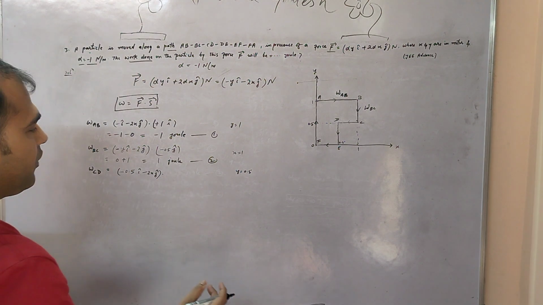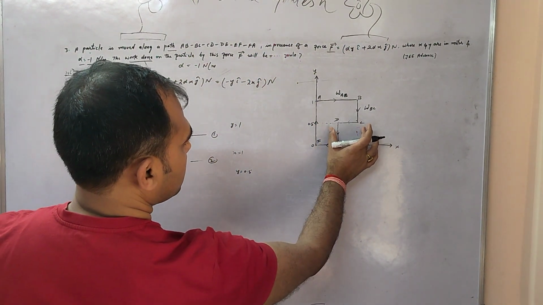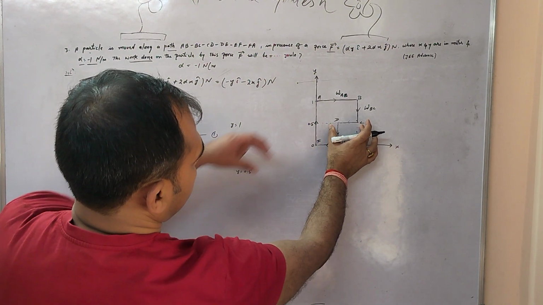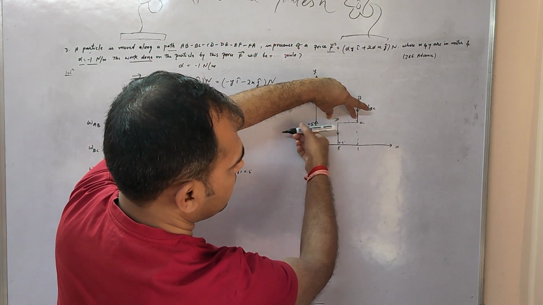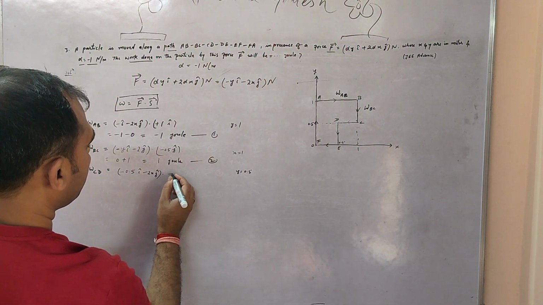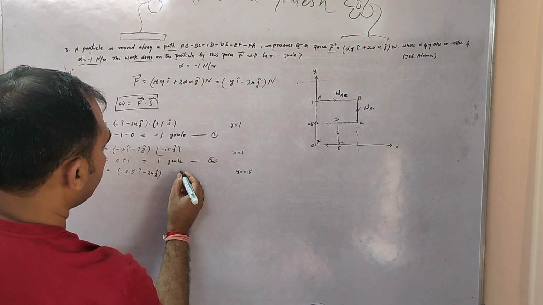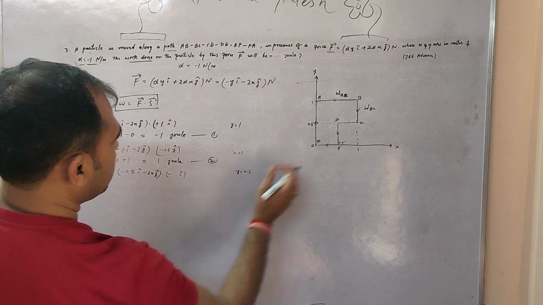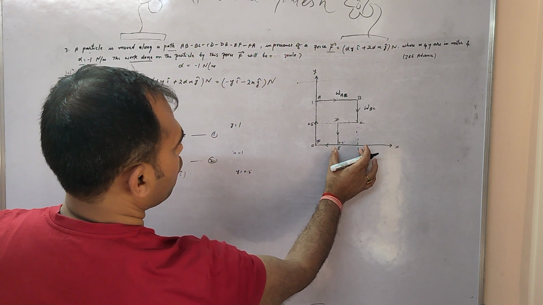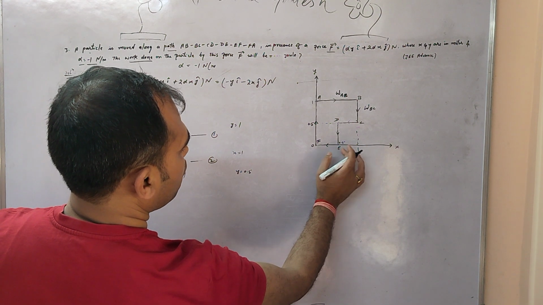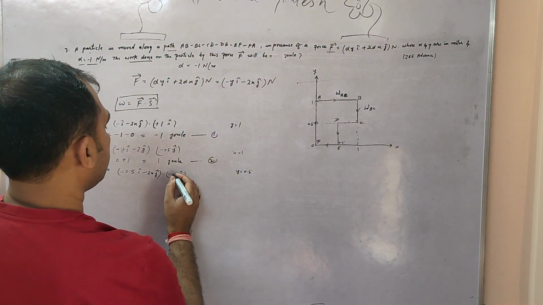Dot, what will be the displacement vector? CD. See, this is the minus i direction, so negative, minus i cap. And what is the magnitude? Magnitude is from 1 to 0.5, so that will be 0.5.